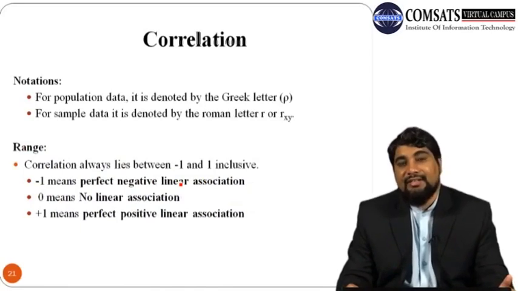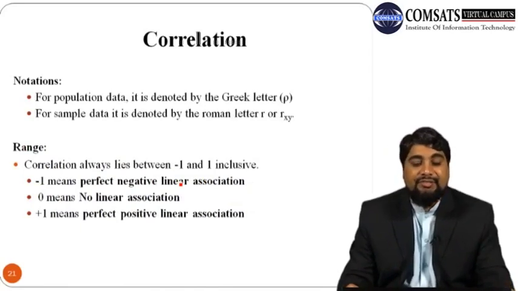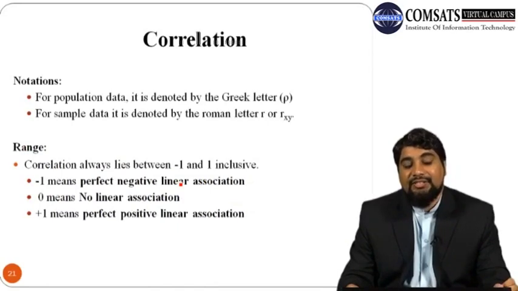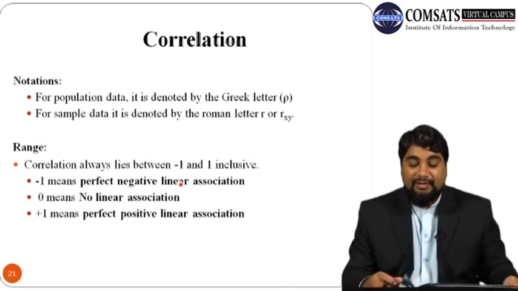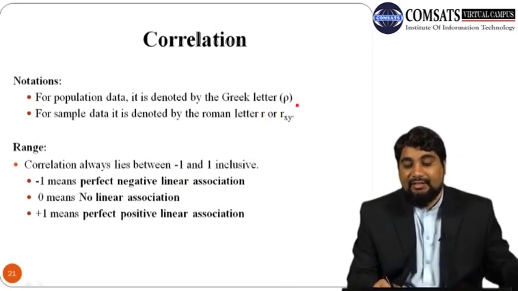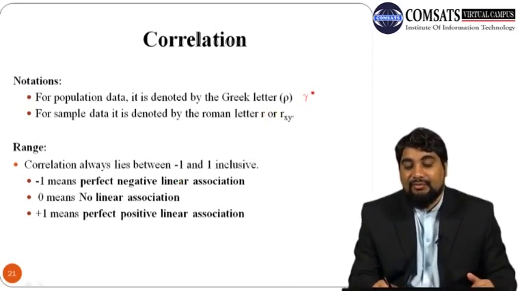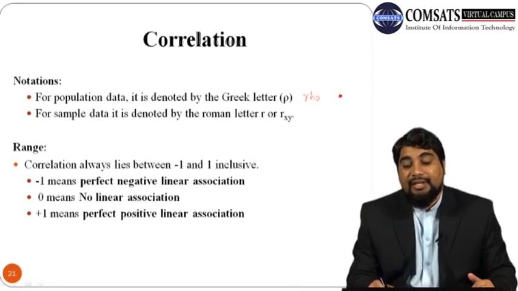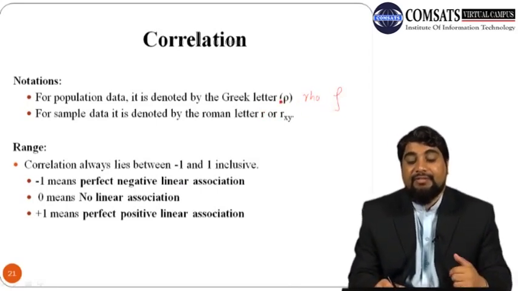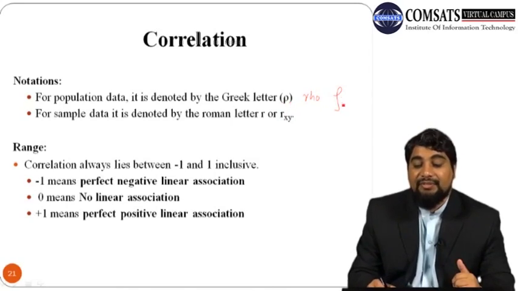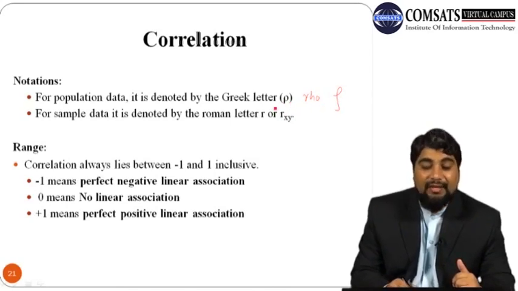So let us discuss some of the notations. For population data, the correlation is denoted by the Greek letter rho, and note that this is different from the letter P. It is usually written in this form.